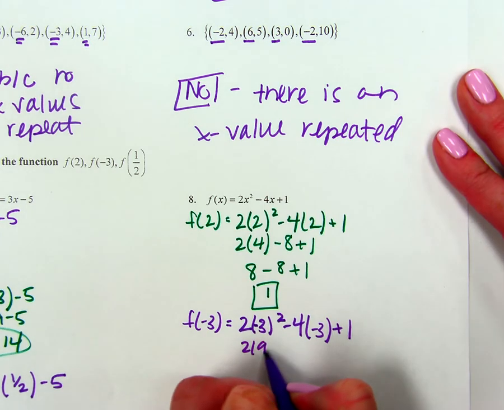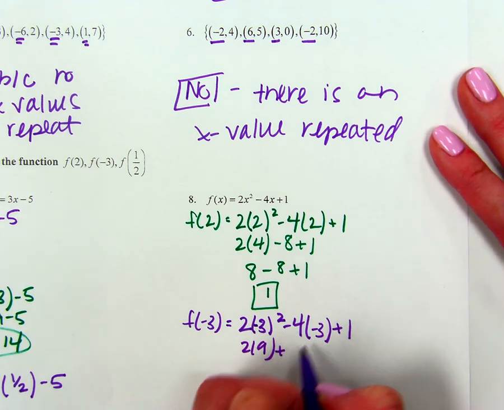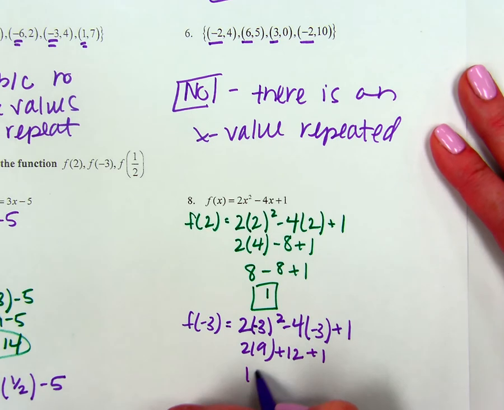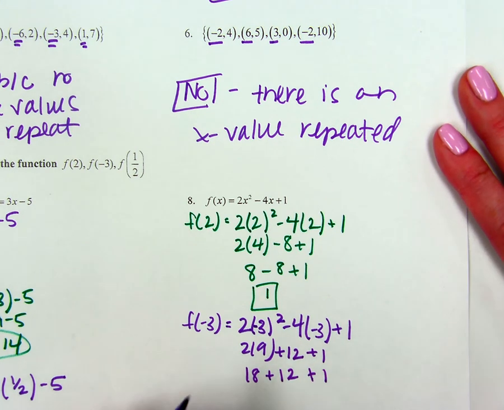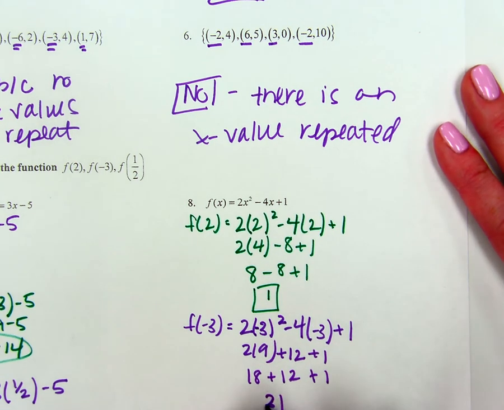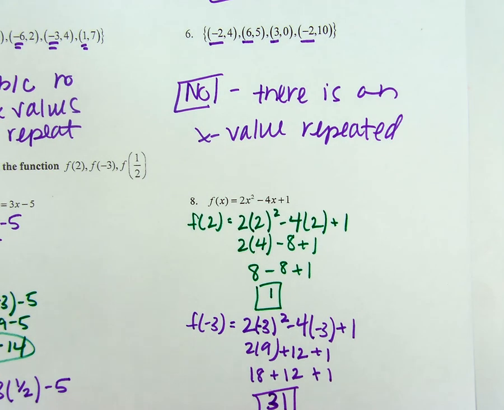So I have 2 times 9 plus negative 4 times negative 3 becomes positive 12 plus 1. So 2 times 9 is 18 plus 12 plus 1. That gives me 31. So f of negative 3 equals 31.